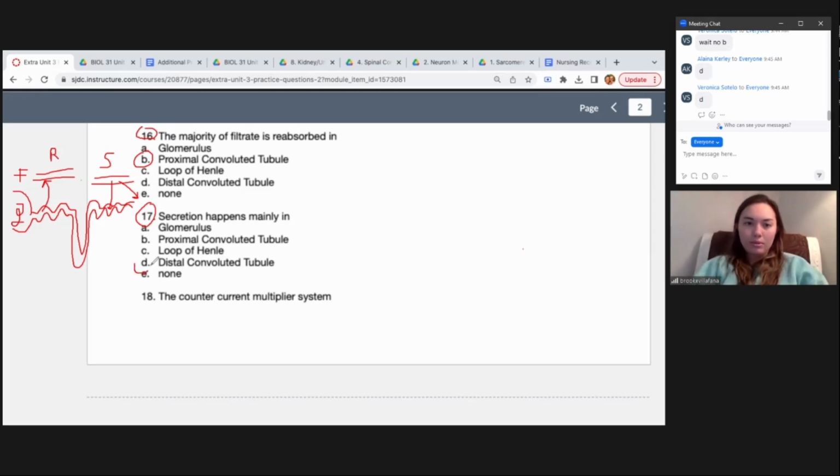D, right? So the distal convoluted tubule is our main site for secretion. Good.